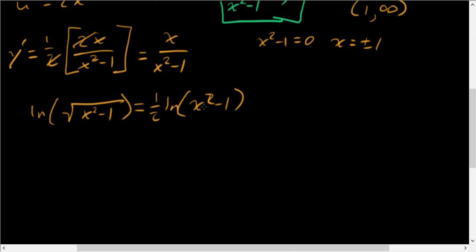This function, we can't plug in negative numbers. We also can't plug in 0. Natural log of something, u has to be from 0 to infinity, not including 0.